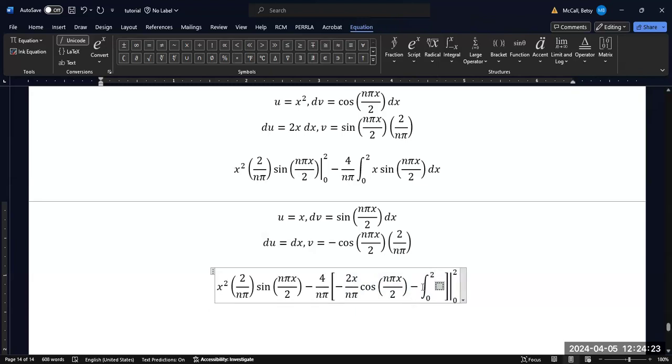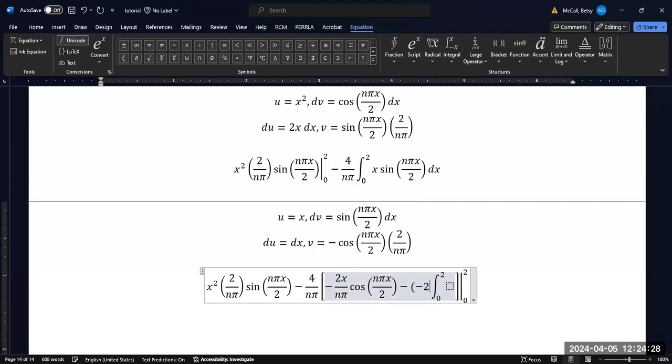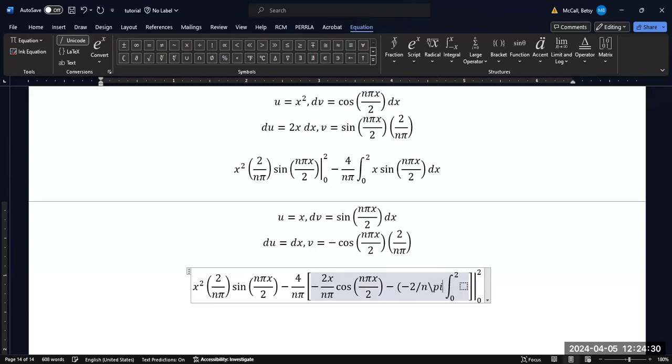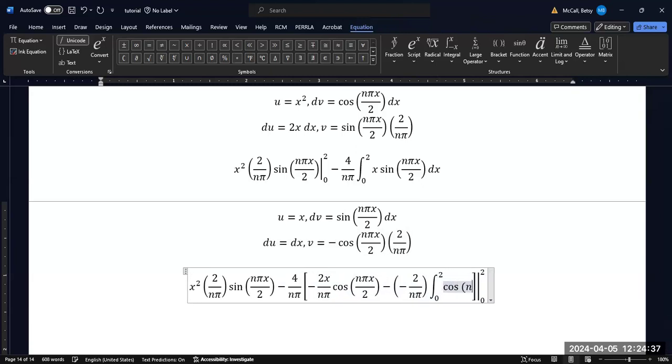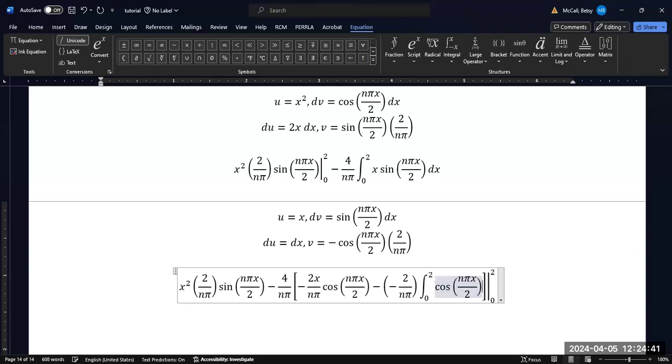And again, we can pull out our minus 2 over n pi. But now it's just inside our integral cosine n pi x over 2.